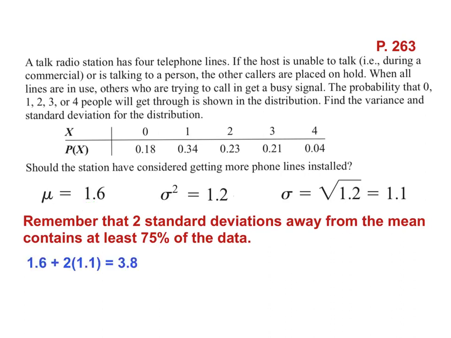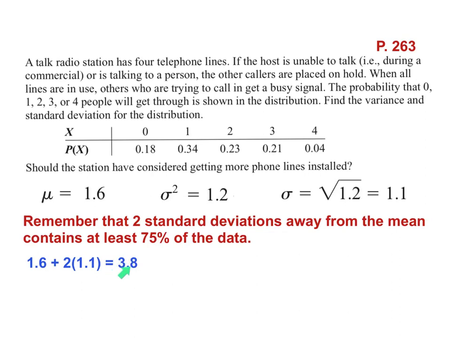Okay, in my calculation, I take the mean and add 2 standard deviations, because if I subtract it, I get a negative number, right? 1.6 minus 2.2 is negative phone lines, that doesn't make sense. Obviously, you're not going to have a radio station have people call in and have no phone lines. That doesn't make any sense. Okay, so what this means is that at least 75% of the data is in between a negative number and 3.8 phone lines, which means most of the time 4 phone lines is enough, because this number is less than that.